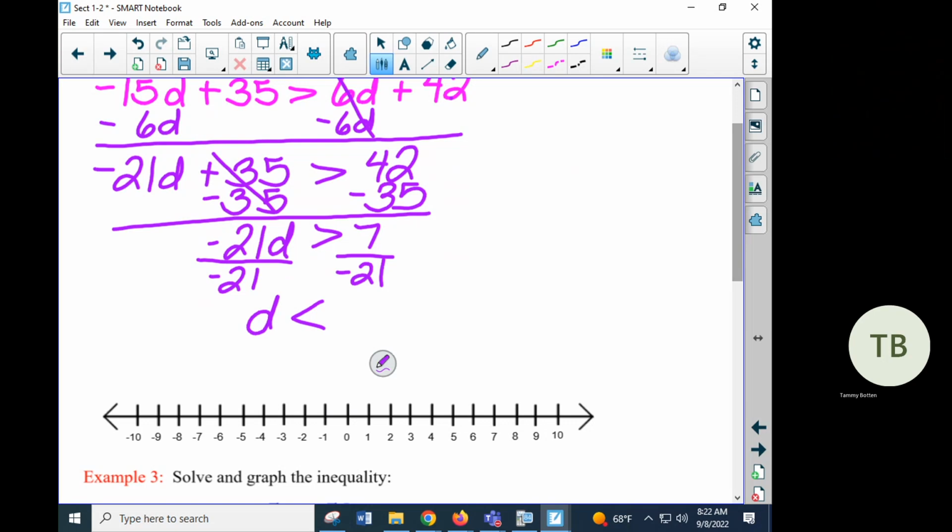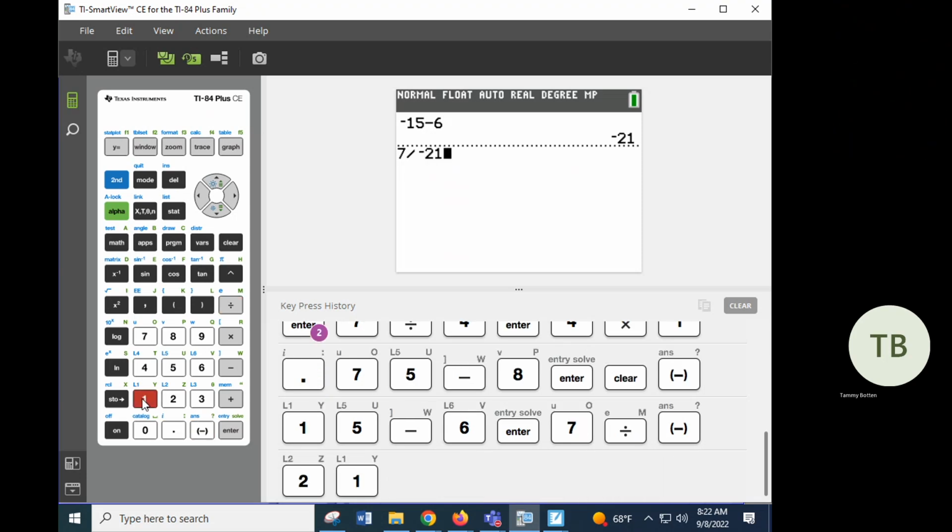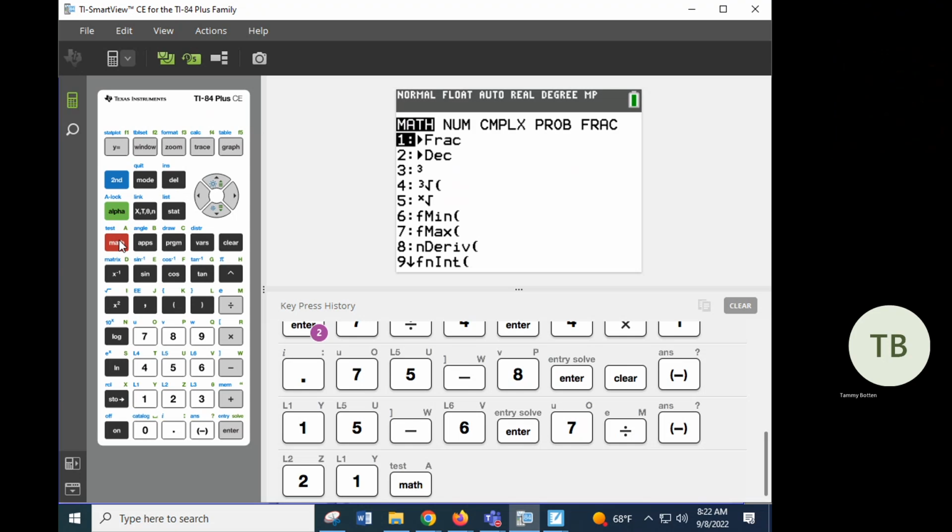And 7 divided by negative 21, you could reduce that fraction. And I think I showed you guys this yesterday. If you're on a graphing calculator, if you go 7 divided by negative 21, it should let us.